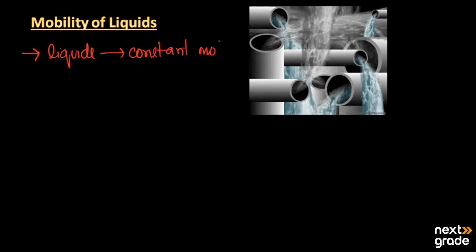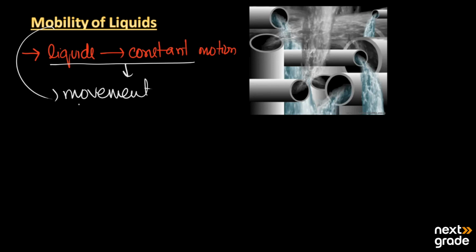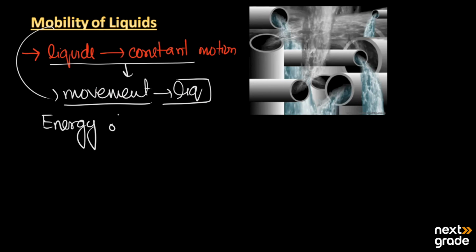When all the molecules are in a state of motion, their mobility means the movement of the liquids. So the movement of the liquids depends upon the energy of the molecules.